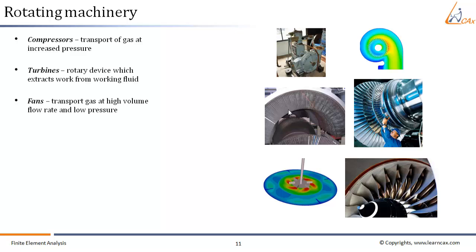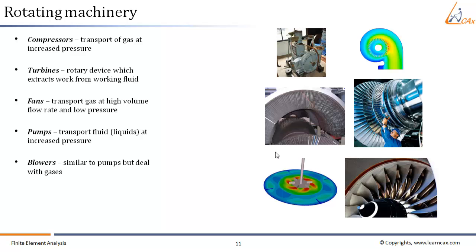Fans are the next example, which transport gas at high volume flow rate and low pressure. Pumps also come under this category, which transport fluids, particularly liquids, at increased pressure. Blowers are similar to pumps but deal with gases. Mixing tanks, in which there are rotating impellers that cause a stirring action of the fluid for chemical reaction processing, also come under this category.